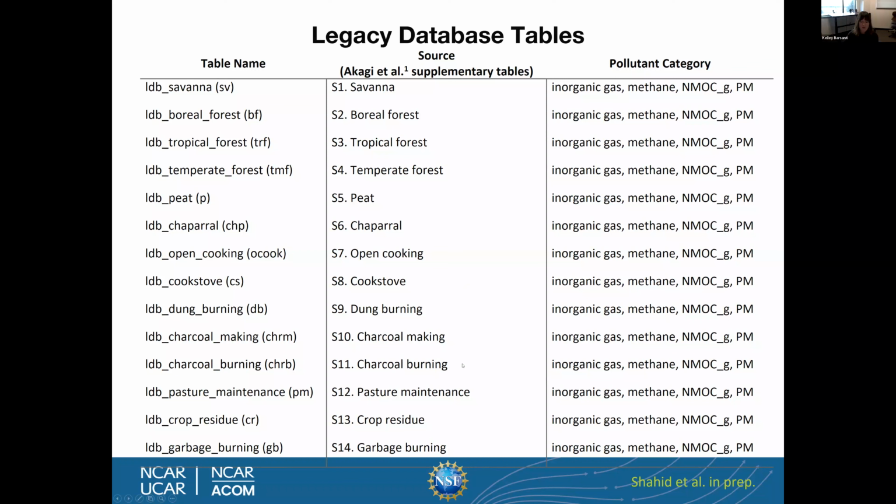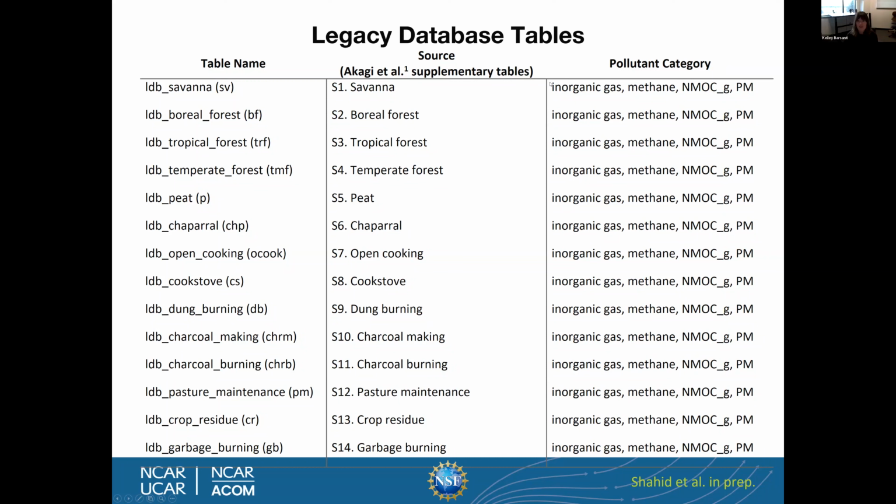So these are all of the fuel or fire types that were reported in the IGAC paper. We've made a few minor changes, and we've mapped or separated or categorized, is the best word, actually, all of the pollutants into one of 5 categories.